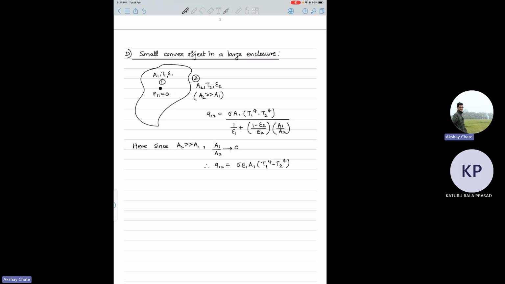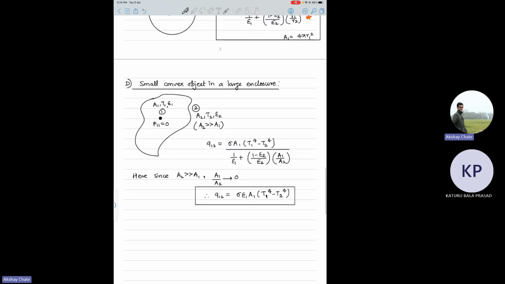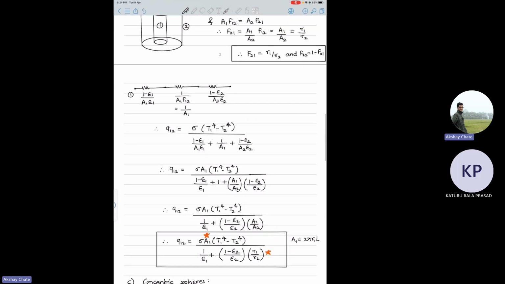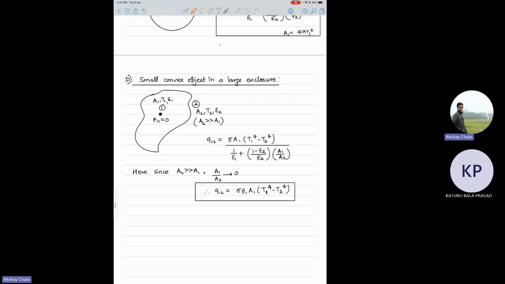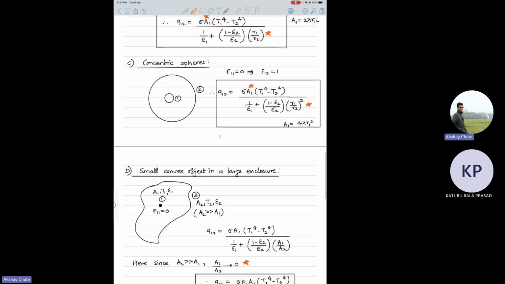So your formula simplifies here because the area ratio is very small. So these 4 cases are important. You should remember this. Maybe I'll highlight this one also. This is the important case here.